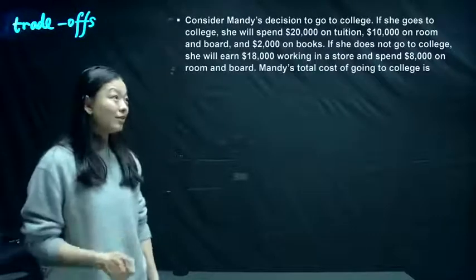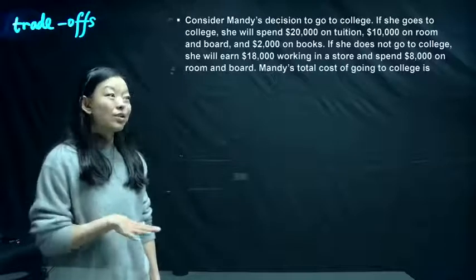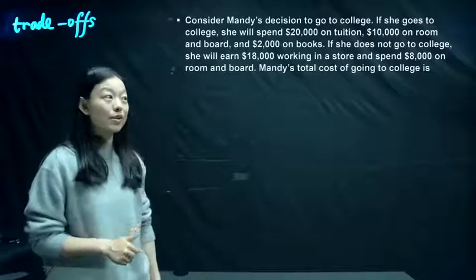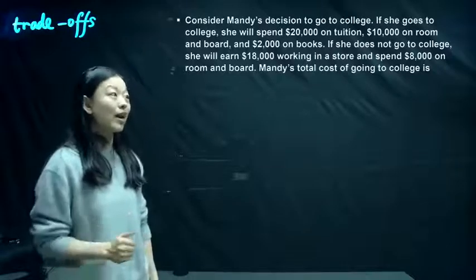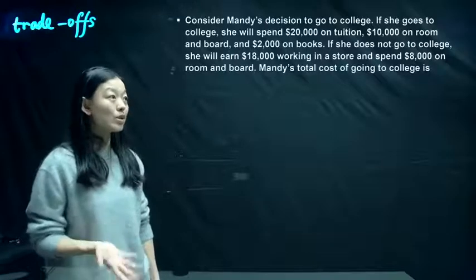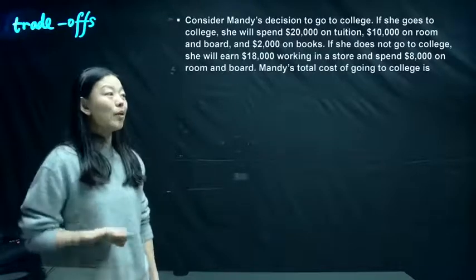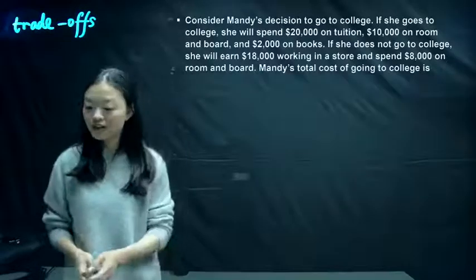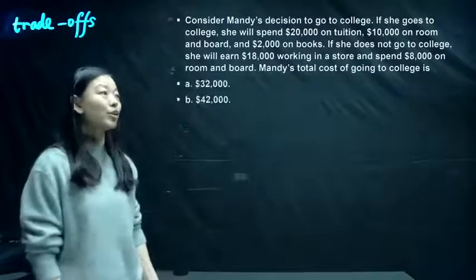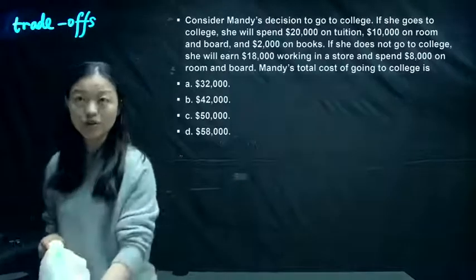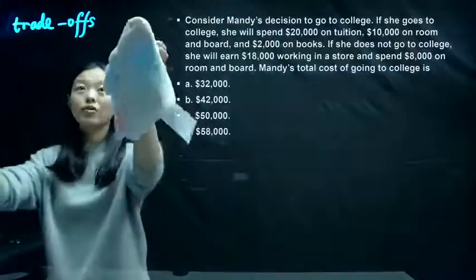If she doesn't go to college, she will earn $18,000 working in a store, and she still needs to pay $8,000 on room and board. What is Mandy's total cost of going to college? There are four options. When you encounter this type of question, how can you solve it?